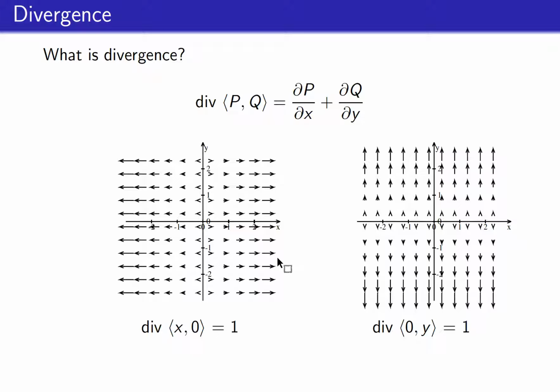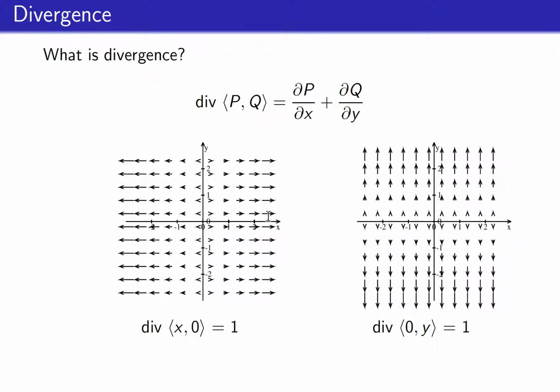Here's an example. Here our vector field is x comma 0. It looks like this. As you see, the vectors are small here in the horizontal, and they get longer as they get further away from the y-axis. If you imagine a rubber sheet and this is describing how it's getting pulled, then it's definitely getting stretched. It's obviously getting stretched in the middle here, but look over here, it's also getting stretched.